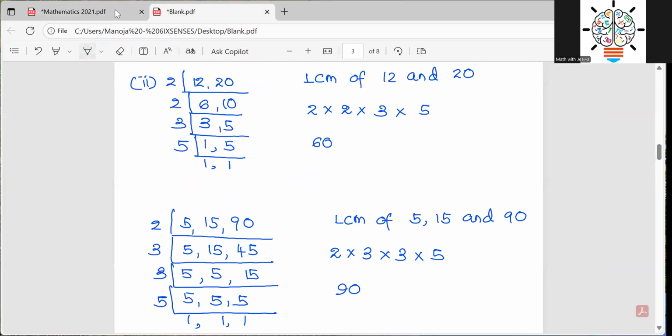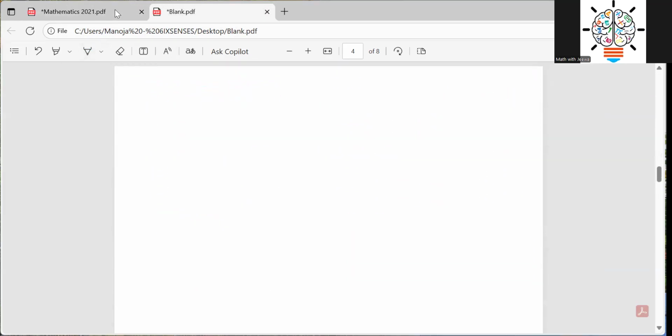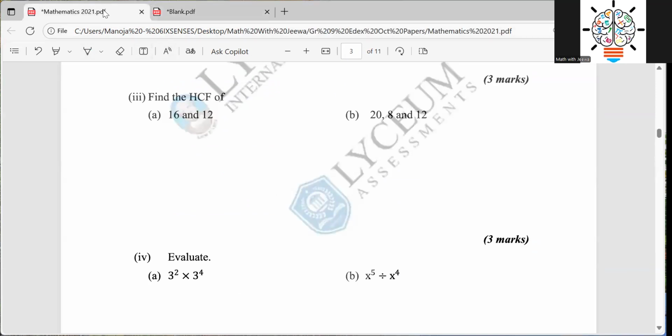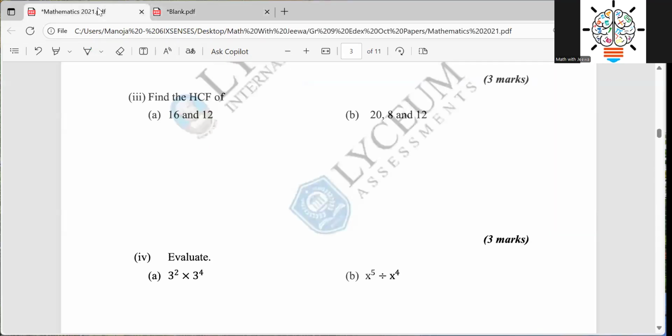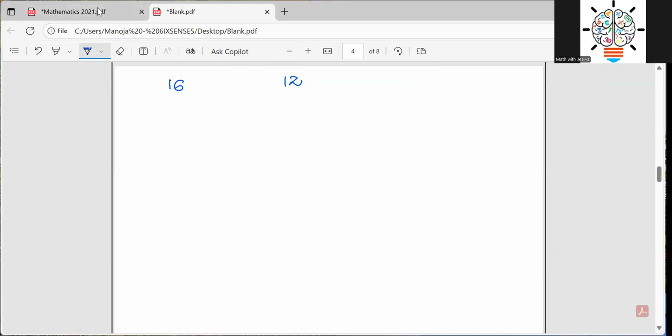Children, how are we going to find the highest common factor? Different teachers use different methods. I will explain the method I'm using. When I have two numbers, 16 and 12, I first write them down, and I write down the factors of these numbers. 1 times 16, 2 times 8, and 4 times 4.